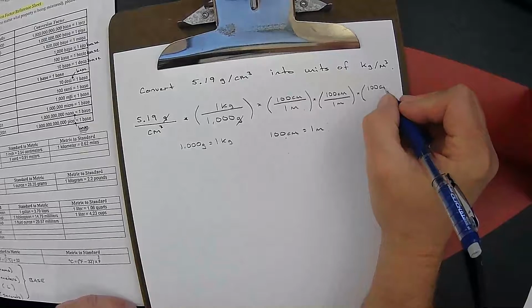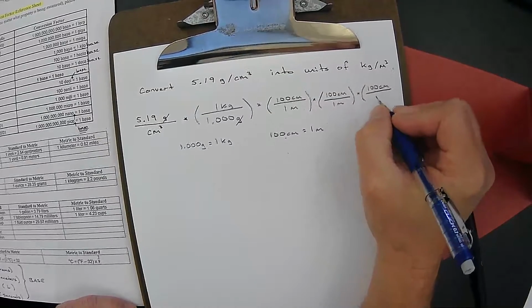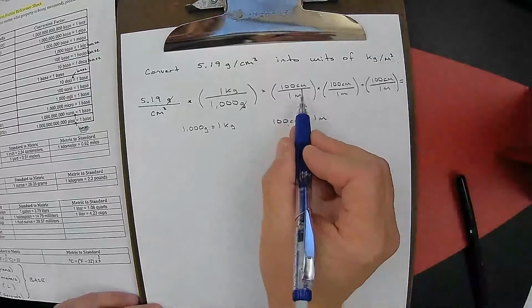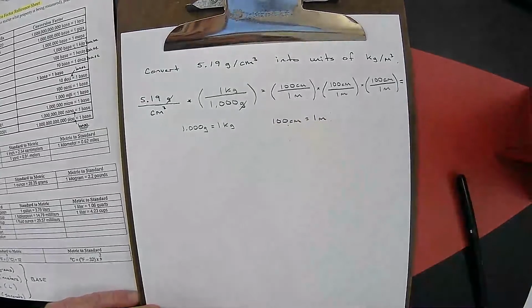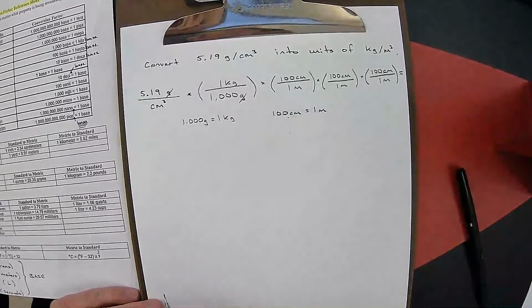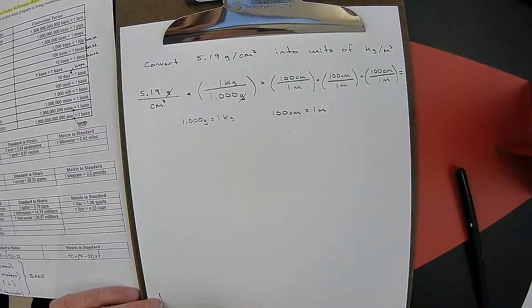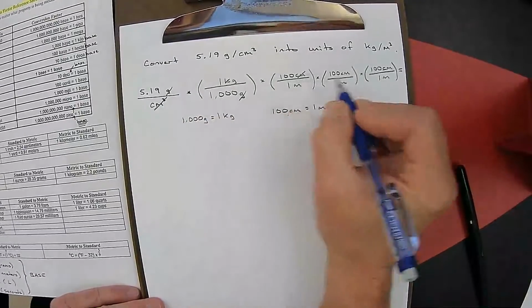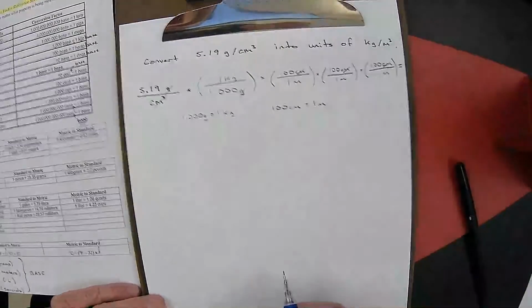So if it's centimeter cubed, then I'm going to write out centimeter, centimeter, centimeter. If it was centimeter squared, then I would put the conversion factor in twice. This allows me to go centimeter cubed to cross out with centimeter cubed.